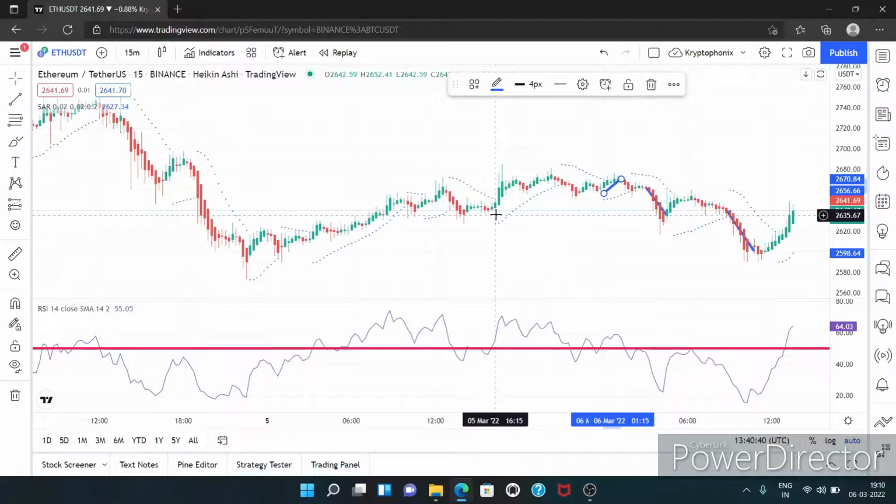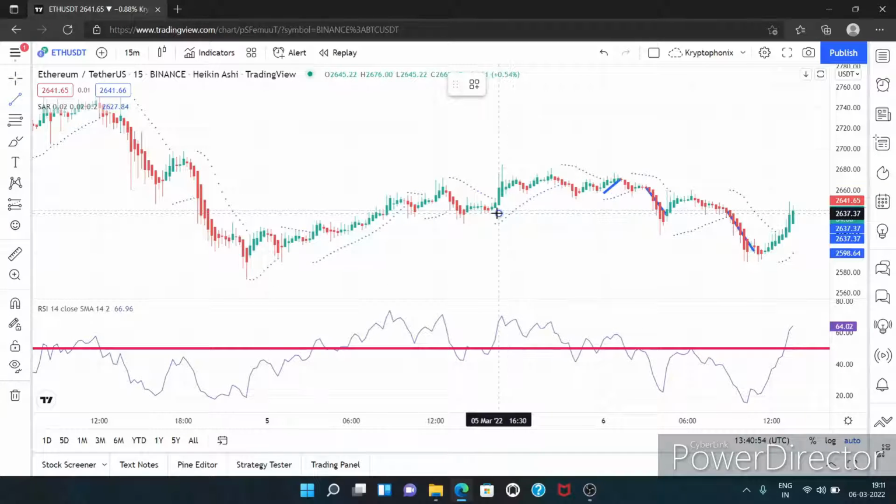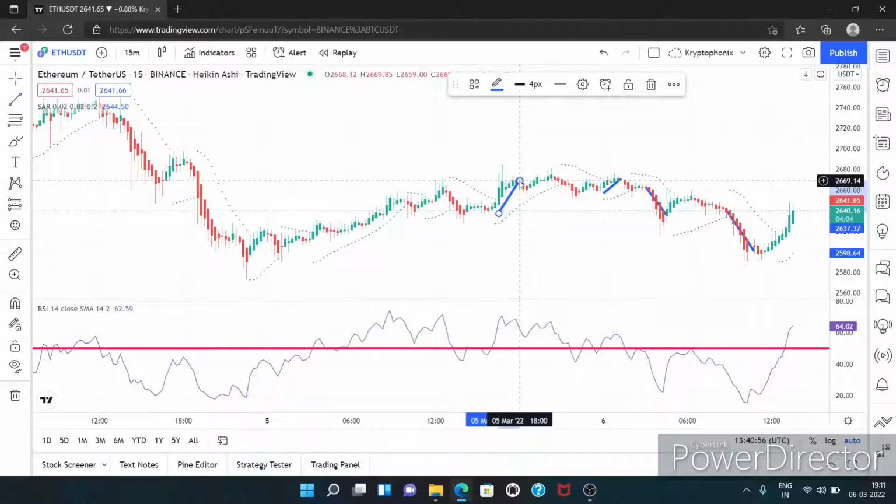This point over here, parabolic SAR is trading below the price, providing it support, and RSI is above the 50 level mark, showing us the strength of the movement. A buy signal was generated from this level to this level. As the previous day's low is breached, we will be exiting from our trade, from 2645 to 2670.